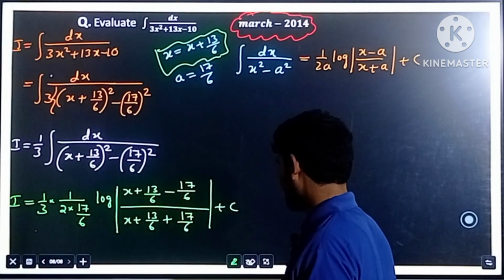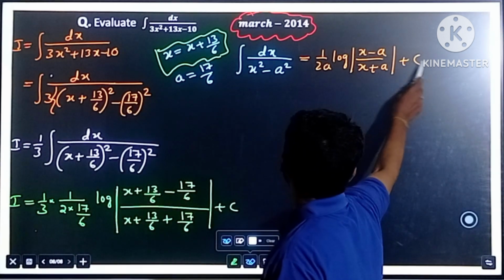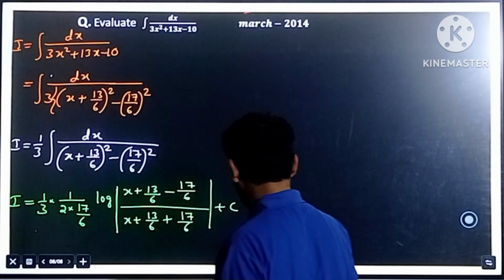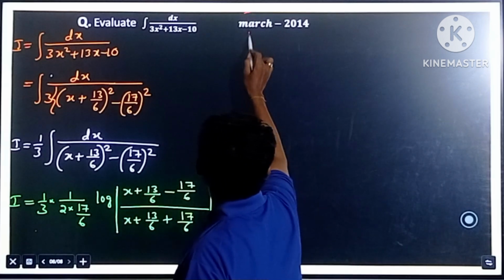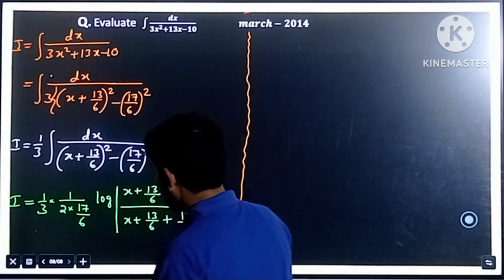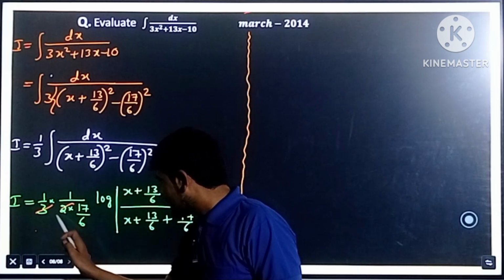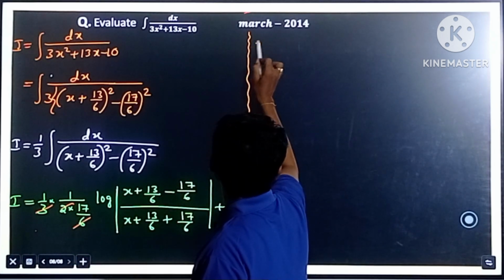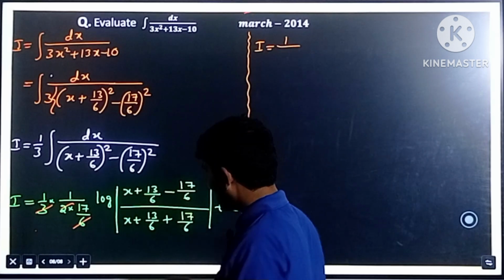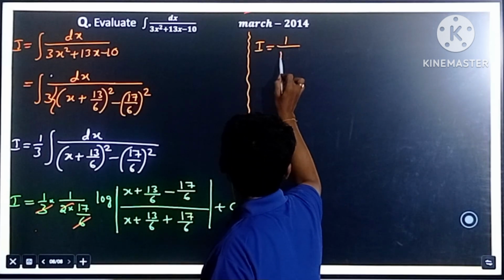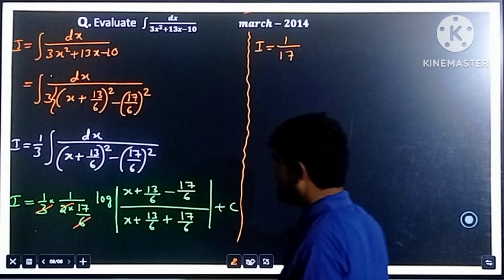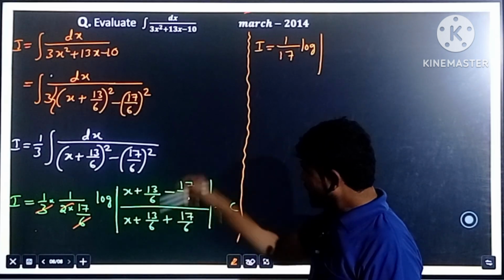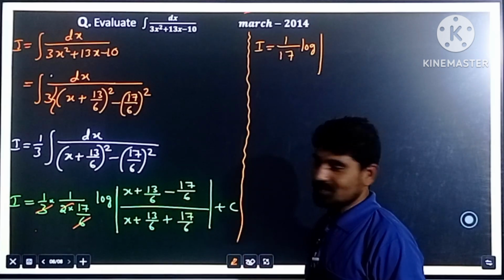Now see here, there is a little simplification, see here, take the formula. Now in the next step, here 3 twos are 6 and 6 get cancelled. So remaining, I is equals to 1 divided by 17, 6 and 6 cancel, so 1 by 17 log modulus of. So in numerator the LCM is 6.